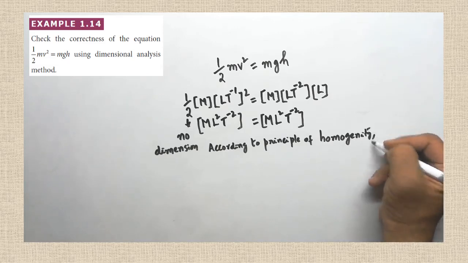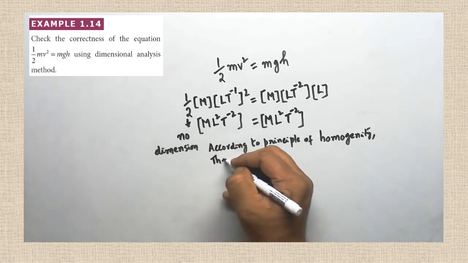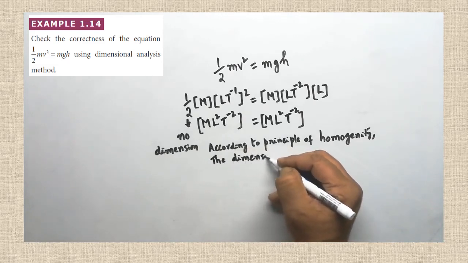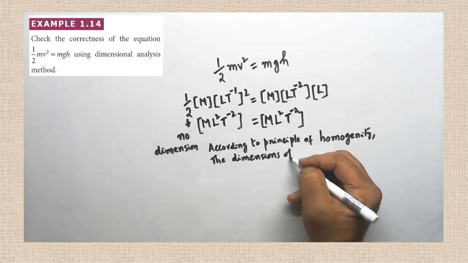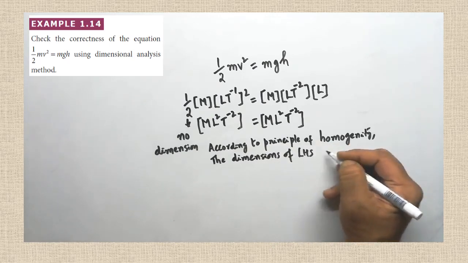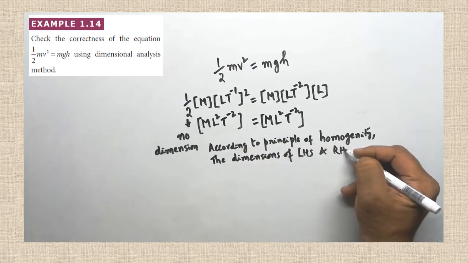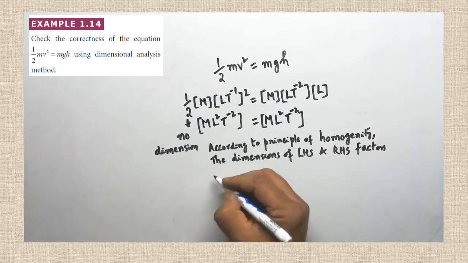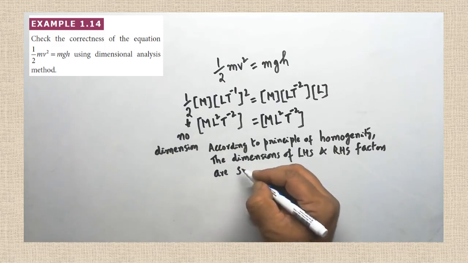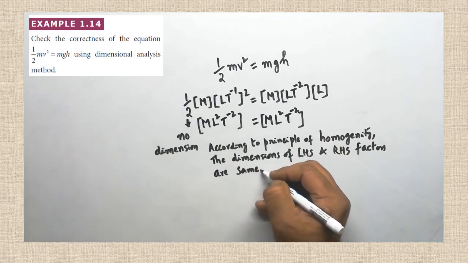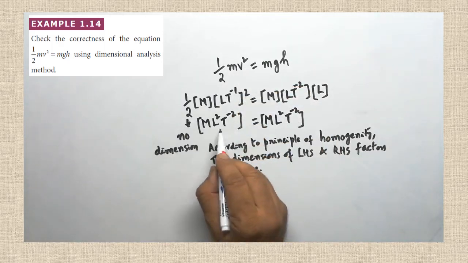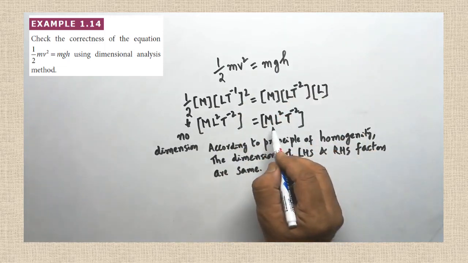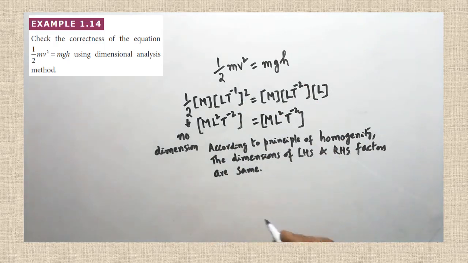Principle of homogeneity: the dimensions of LHS and RHS factors are same. Isn't it? Half mv squared, dimension is ML squared T to the power of minus 2. mgh is another factor whose dimension is also ML squared T to the power of minus 2.